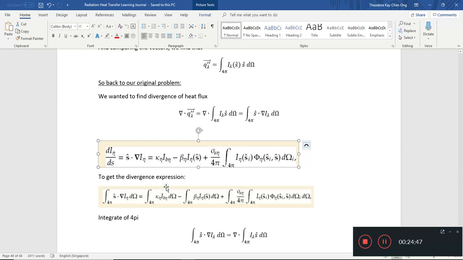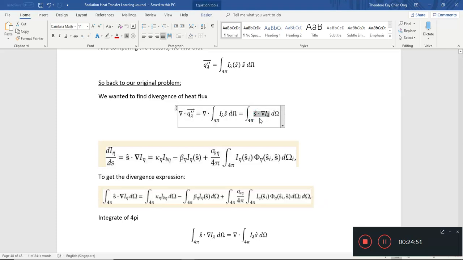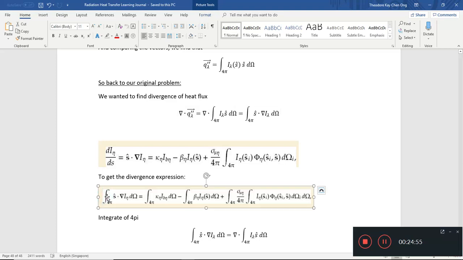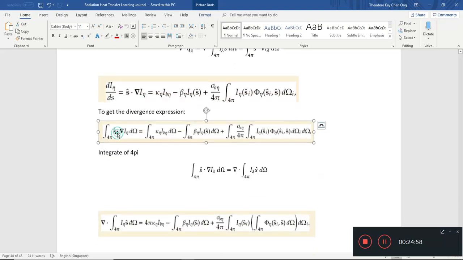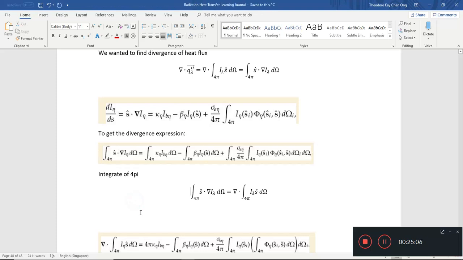So what is being done to make this look like this form is to integrate over all the solid angles as is stated here.